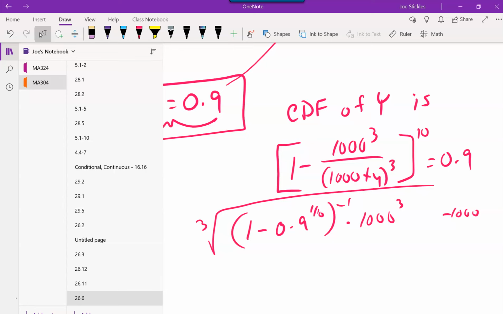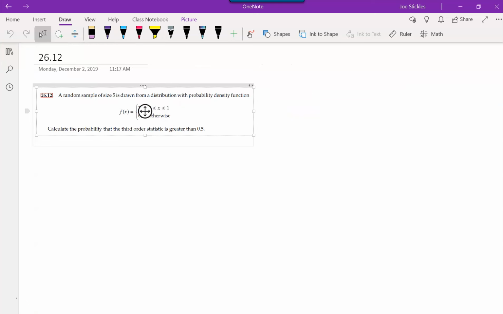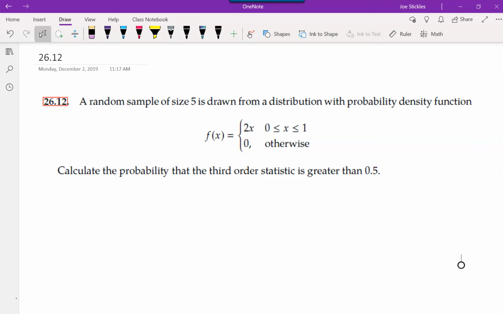All right. Let's talk about one more here. Let's look at 2612. So this one says we're going to do a random sample of size 5, and we want something about the third order statistic.